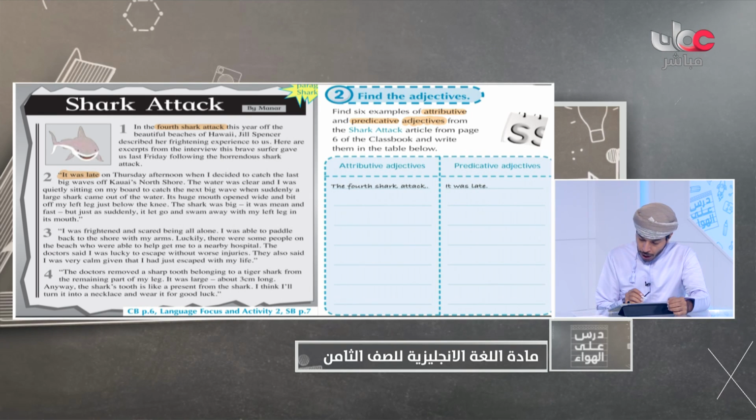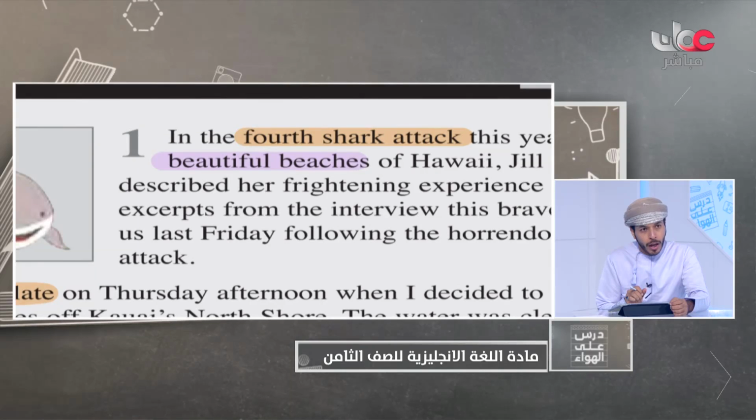Here we have the frightened experience. Also we have here the beautiful beaches. Is that clear? I will change the color. The beautiful beaches, like this one. Is it attributive or predictive? Of course, it is attributive.